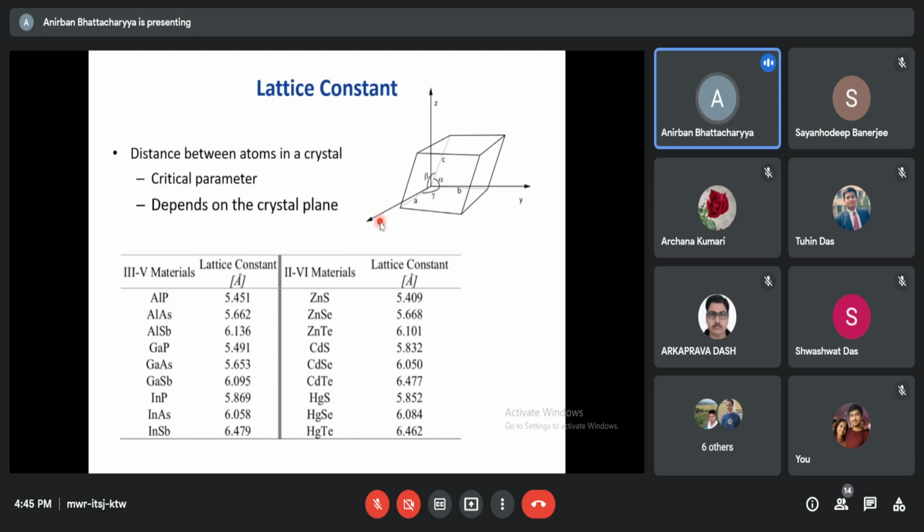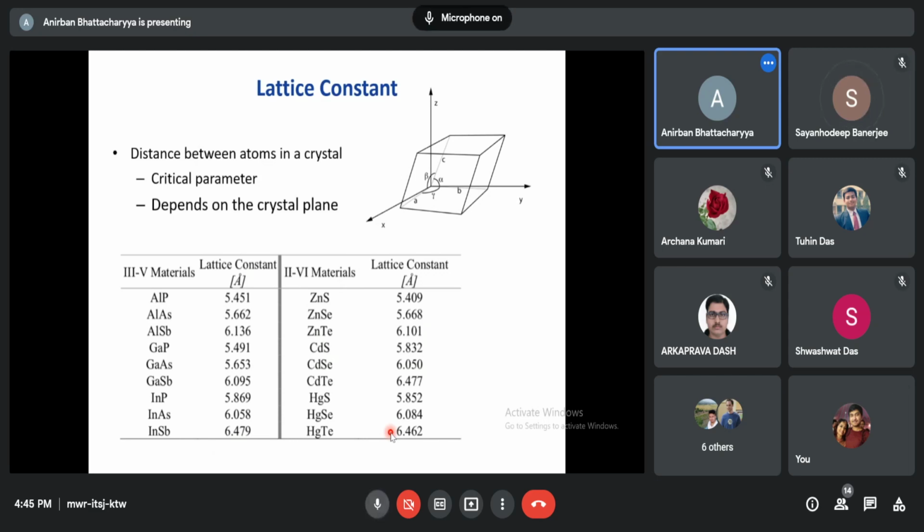But what I'm trying to tell you is there is a whole series of semiconductors, and their lattice constants are given. You do not have to memorize them. What is important is, can you see they are all close to each other? They have a certain range. Can you see what the range is? They are all around 5 angstroms, between 5 and 6 angstroms. Yes?